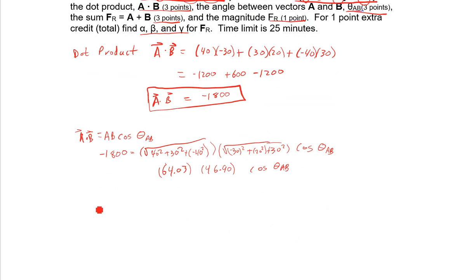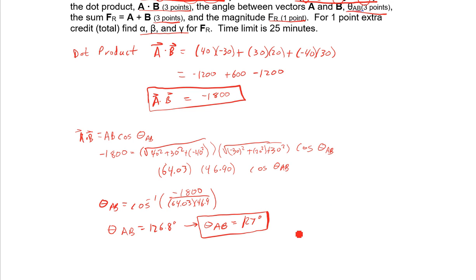So theta AB is the arc cosine of negative 1800 over 64.03 times 46.9. That gets us 126.8 degrees, which to three significant figures is 127 degrees.